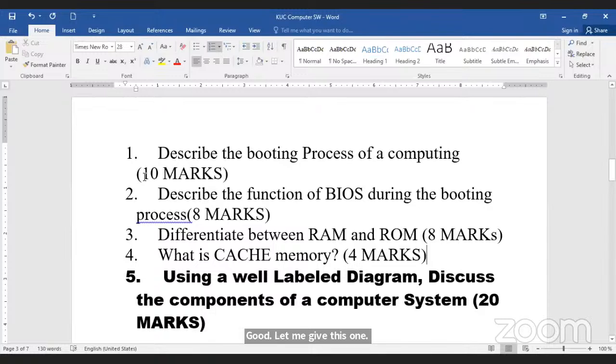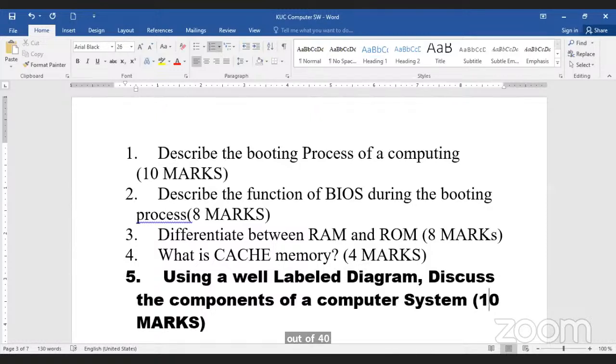Let me see, 10, 18, 18 plus 8, that's 26, 26 plus 4, that is 30. Then I can give this one 10 marks, so that it should be out of 40.